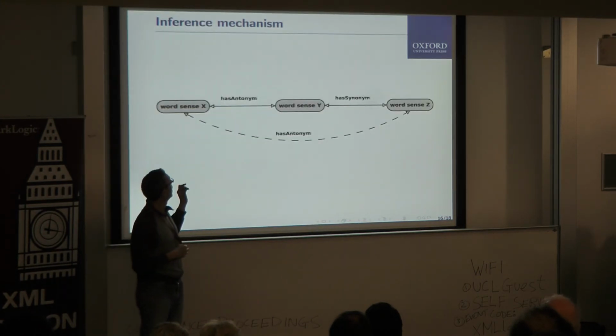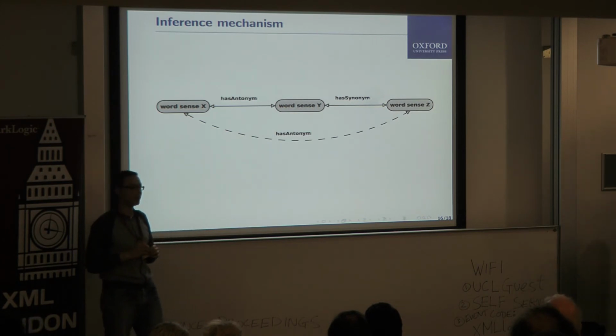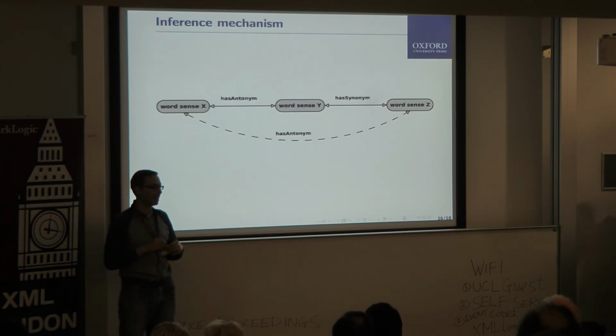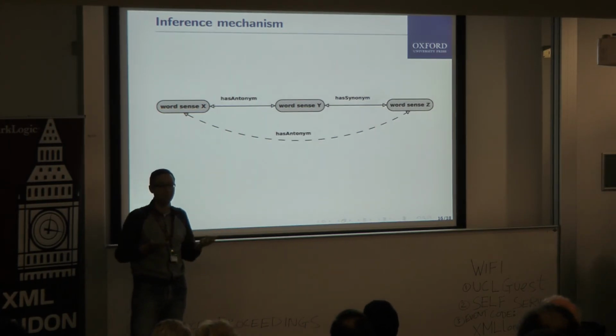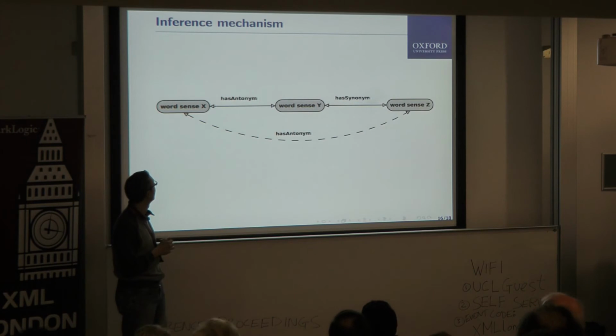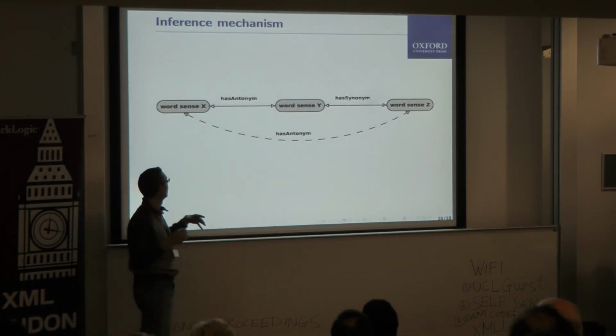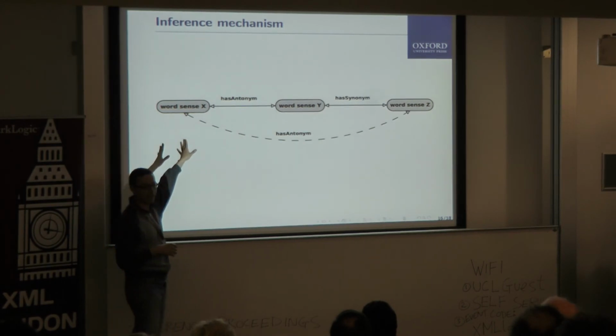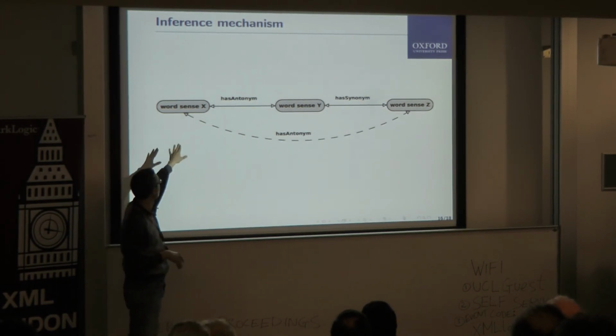And this is another example of semantic web technologies that can help us to add new data and things that we could not do simply with plain XML. So it's this inference mechanism. Let's say that in our data we've got basically a word sense. Again, sense is just a meaning of a word.